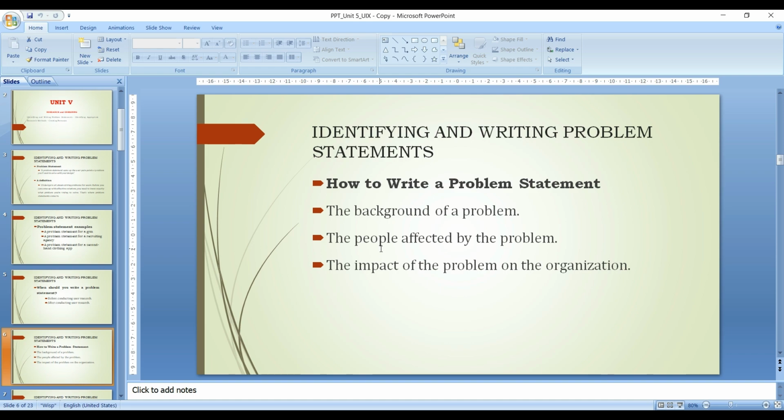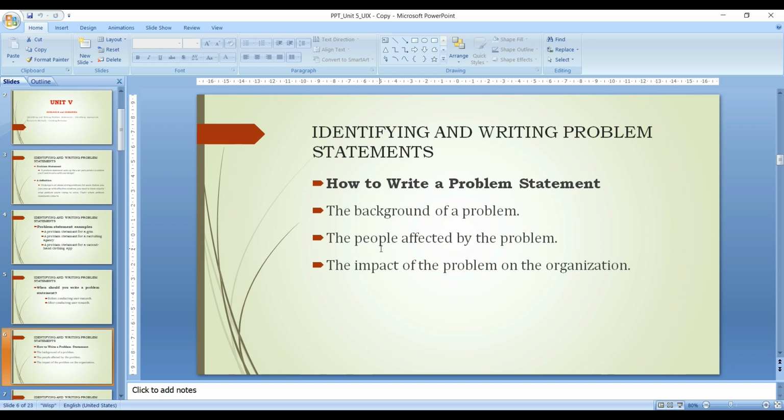Consider all the gyms in the locality, how is it going to impact all the other gyms? If my client is going to open a new gym, what will other gym owners think, what impact will it have, or how is it going to create competition with my client? All these things we have to analyze.